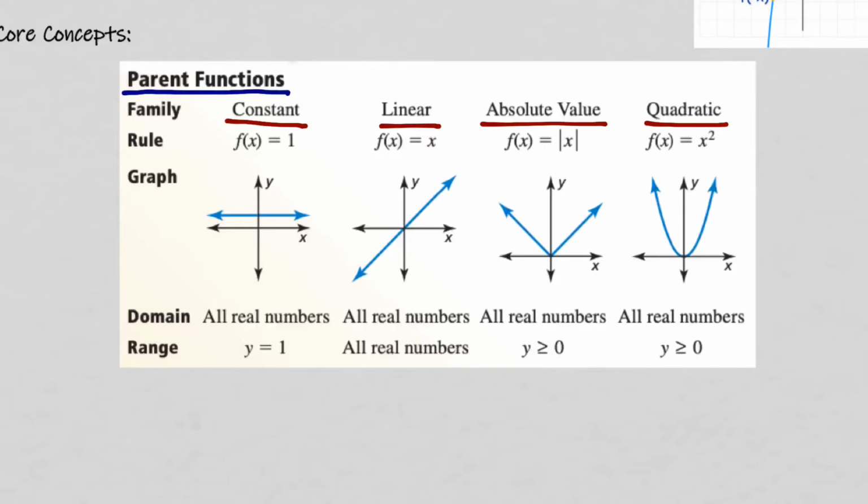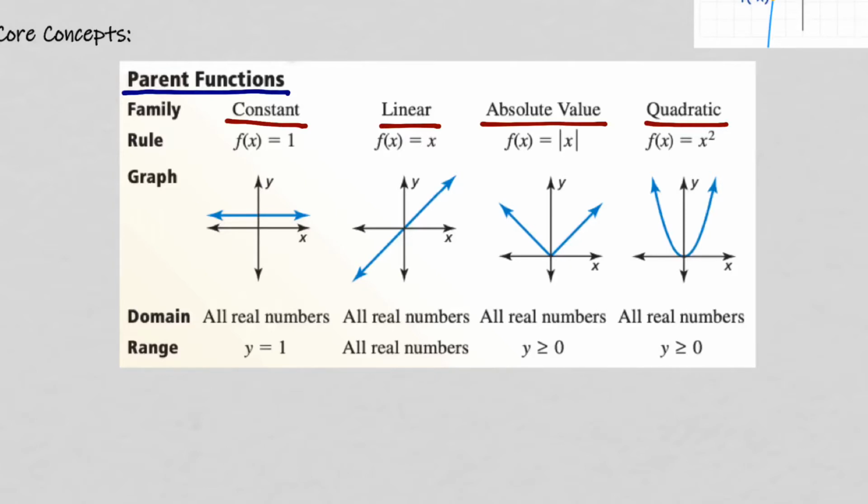So if you can know which function family just by looking at it, if it is curved, looks like a U, then you know it's quadratic. If it looks like a V, which means it's pointy right here, it's absolute value. Linear is a straight line, and constant looks linear, except there's no x value in the equation.